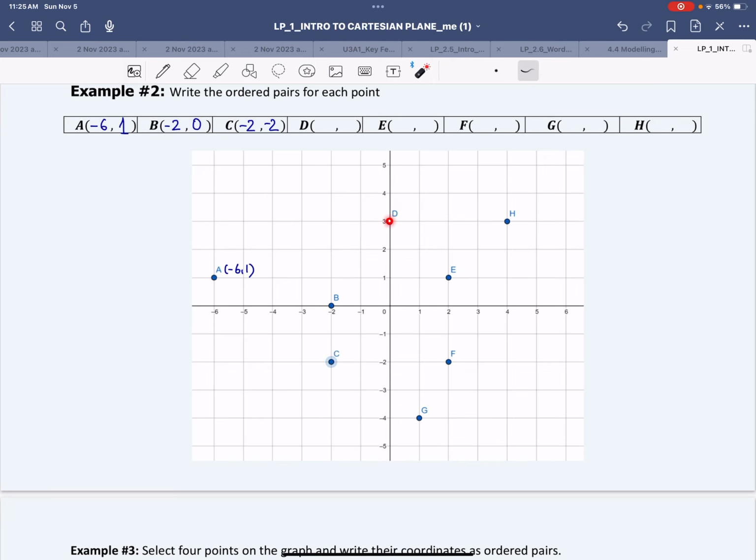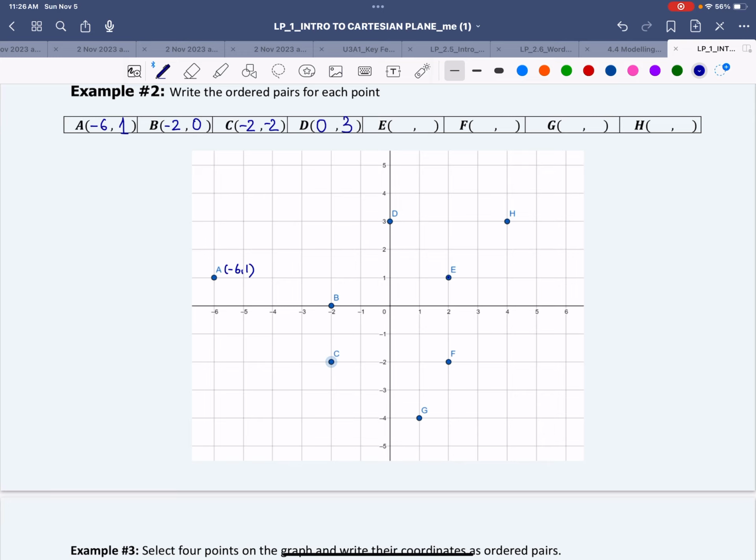Next, point D. Point D is on the y-axis. If you drop a perpendicular on the x-axis to figure out the x-coordinate, you see that we hit the x-axis at 0. That means that the x-coordinate of point D is 0. The y-coordinate will be exactly 3 because the point D is on the y-axis at y equals 3.